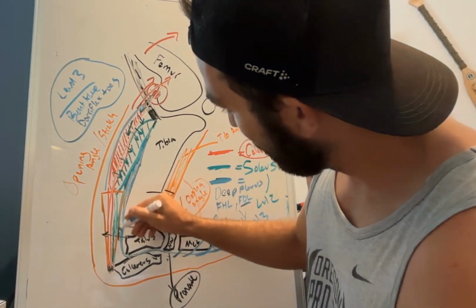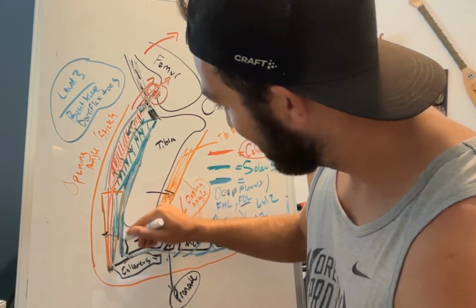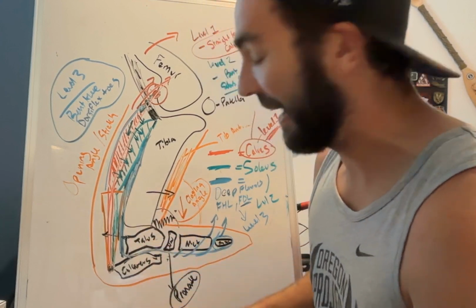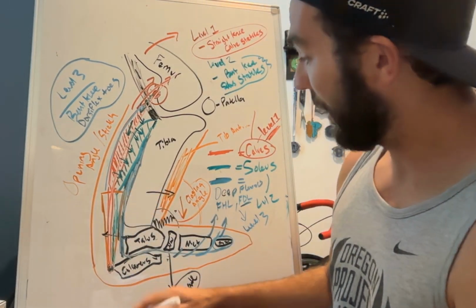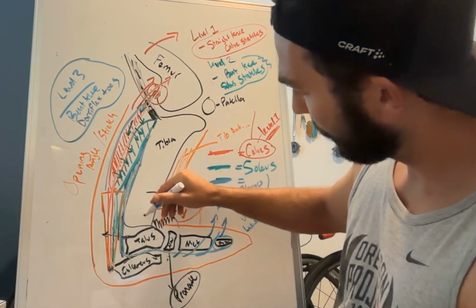Well, if this stuff right here is really tight and does not allow length, when the talus goes to go back, it can't get it. This stuff is going to stop it.